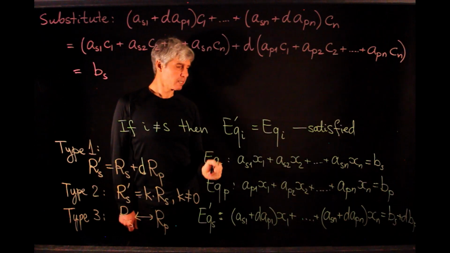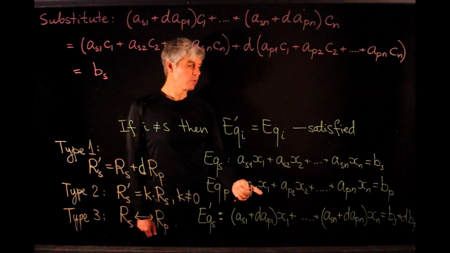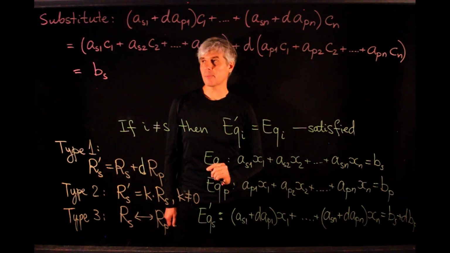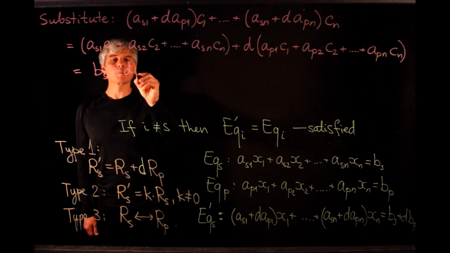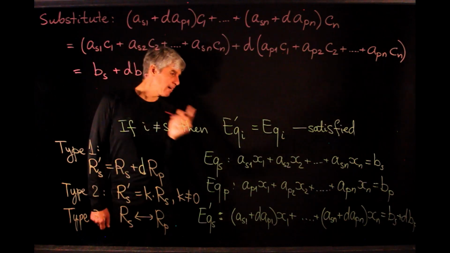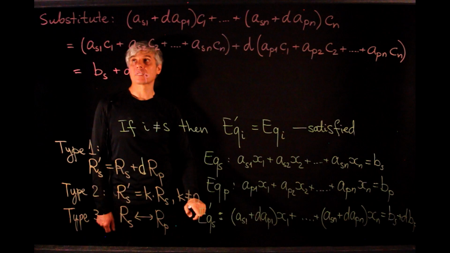Likewise, this expression is the result of substitution of our solution in the left-hand side of equation number P. So this is equal to D times BP. And that's exactly the right-hand side of the new equation number S.